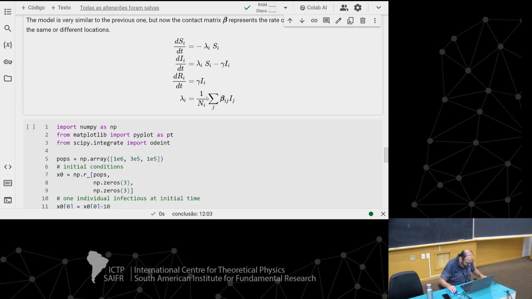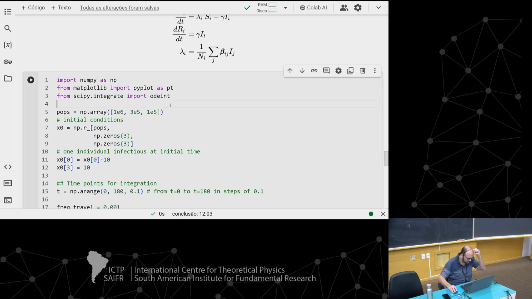Okay, so now how do you solve this? It's pretty much similar. Here I'm just guessing some values, not any particular city. I'm looking at 3 cities, not to be too large: one with 1 million individuals, 300,000, and 100,000 individuals.